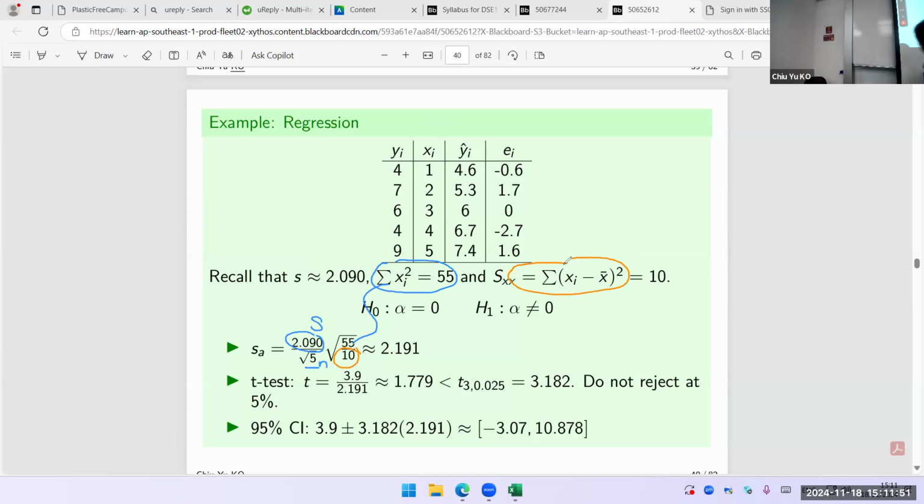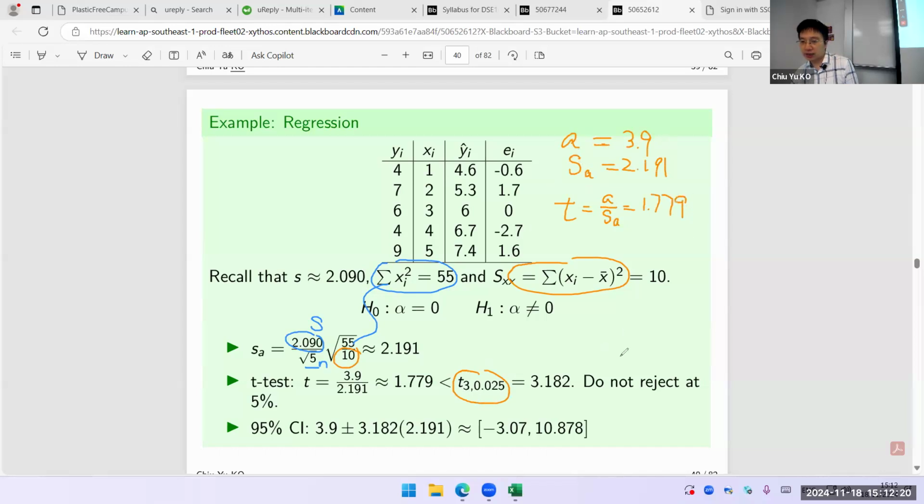But let me tell you how you calculate this. A is 3.9, and S of A, we know, is 2.199. We calculate t as just A over SA, which is 1.779.